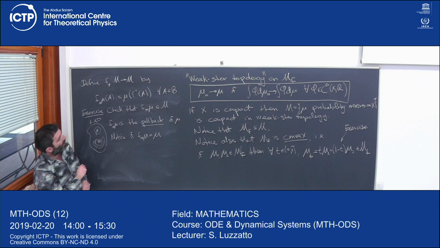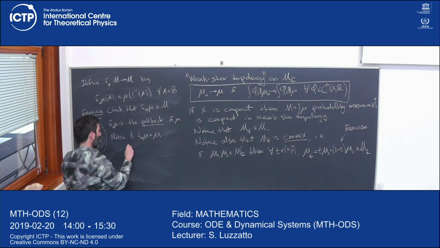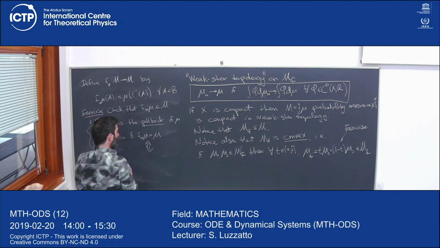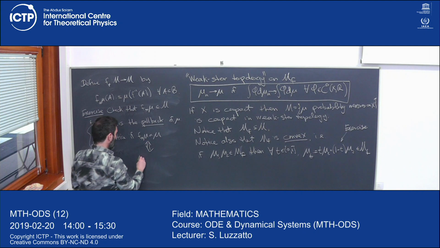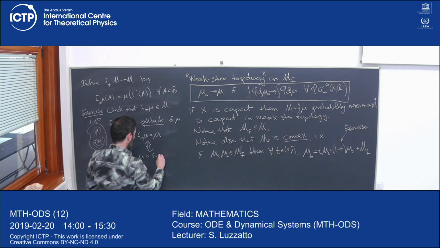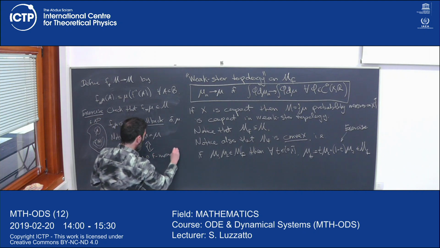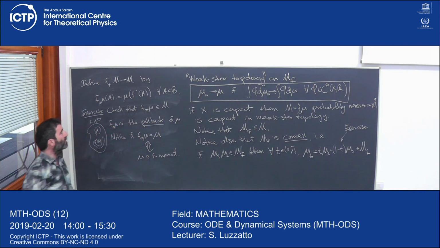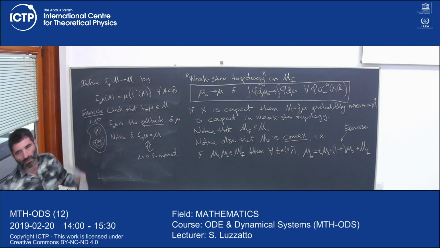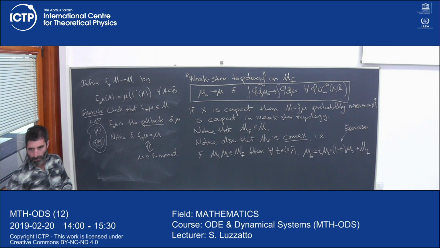So it's a fixed point for this f star. So mu is invariant if and only if f star of mu equals mu. So the invariant measures correspond exactly to the fixed points of this push forward map.